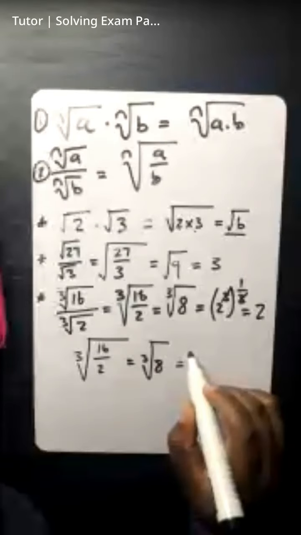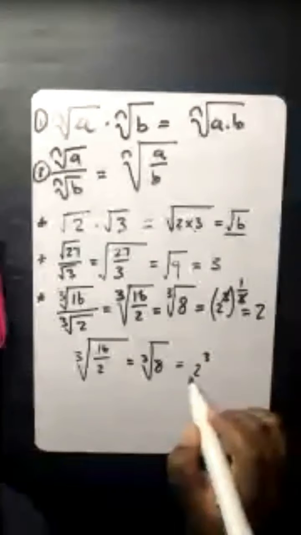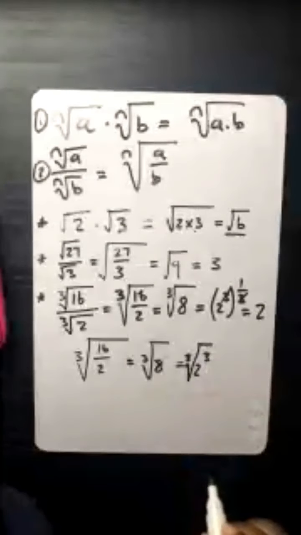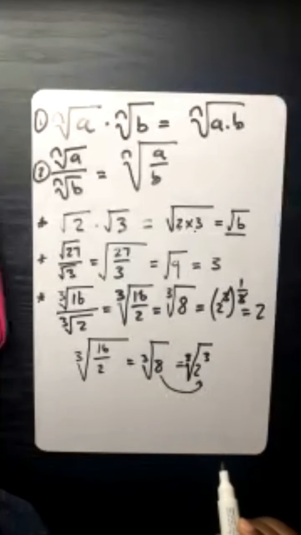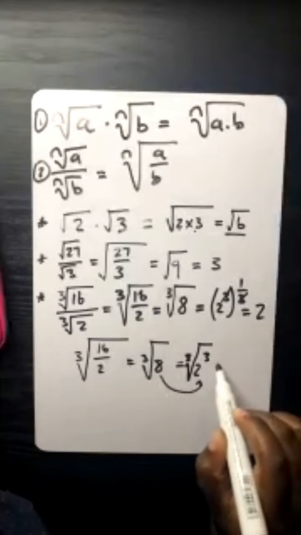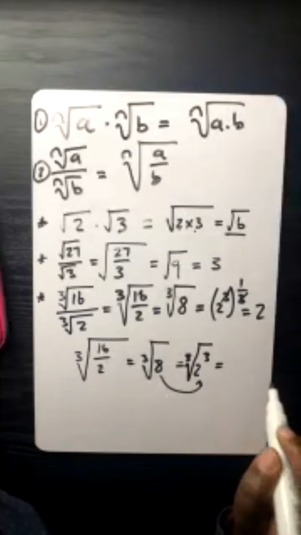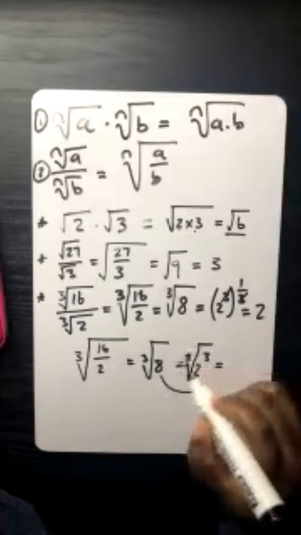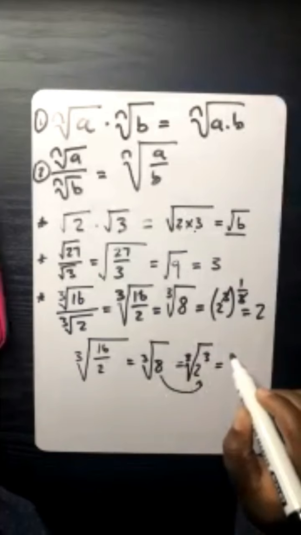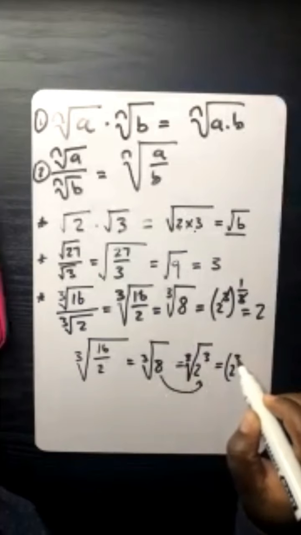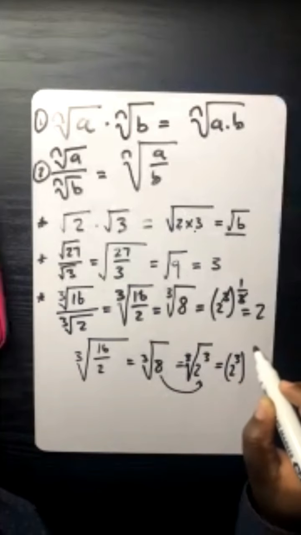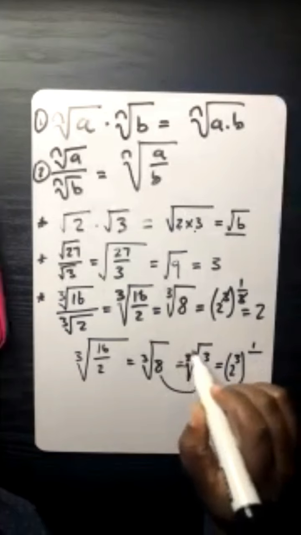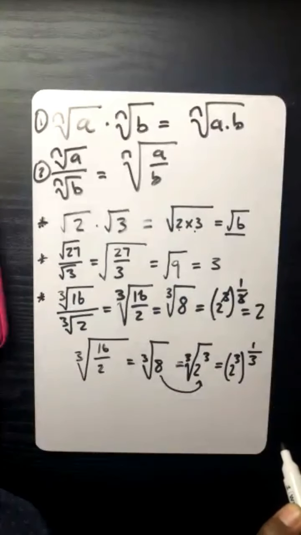So remember, 8 can also be written as 2 to the exponent 3. But remember, you've got the 3 root of that. So I haven't changed anything. I just rewrite that 8 in that format. So if you attended Sunday's lesson, you'll remember that for us to remove that root, whatever is inside the brackets, inside the root, goes to the exponent 1 over that number over there, which is 3.